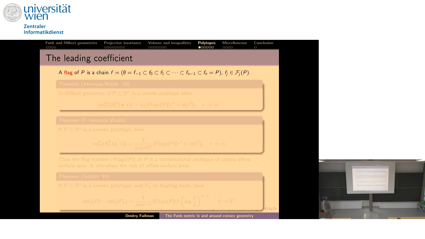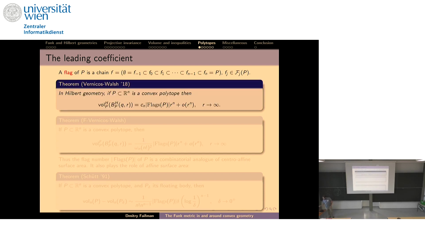Just a reminder, a flag in a polytope, I talk about full flags, is a chain of a vertex contained in an edge, contained in a two-dimensional face, and so forth. So that's a flag. It's been shown by Konstantin and Cormack that if you look at large radius asymptotics inside the polyhedron, in the Hilbert geometry, the leading coefficient is just the flag number, the number of flags of the polyhedron.